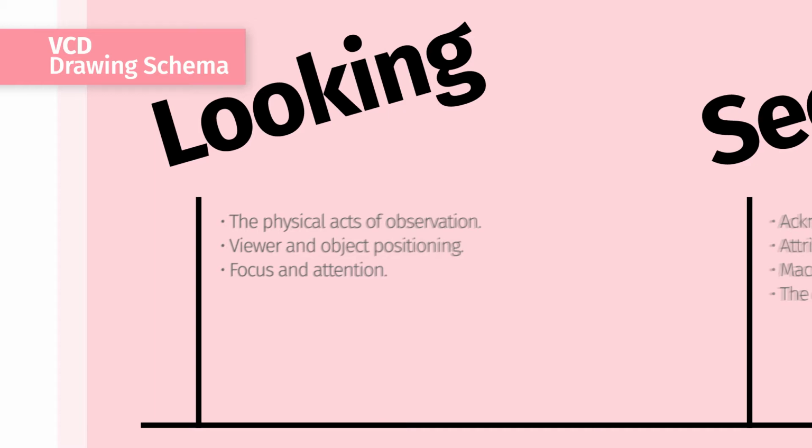So I guess in the very early stages of teaching VCD, this is what you'd need to be really paying close attention to. Are the students looking at the object? Are they focusing in on aspects of that object, or are they distracted by other things in the room? It might seem very basic, but it's a really important first step in drawing.